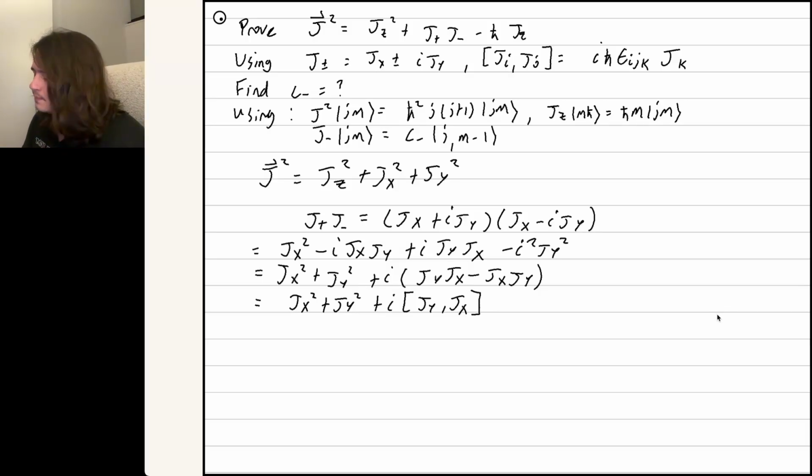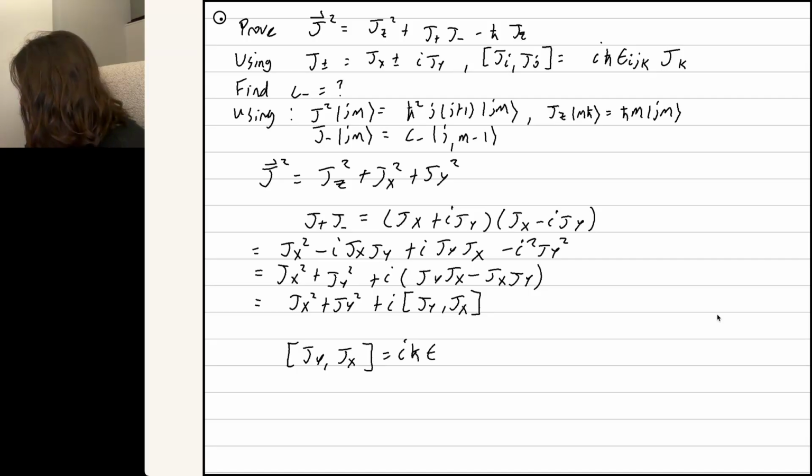All right. So what is that commutator? Using the general formula for commutations of angular momentum, the commutator of jy and jx will be i h bar, Levi-Civita symbol. You're going to have 2, 1, 3, which is not a cyclic permutation of the Levi-Civita symbol, so you'll have a minus sign, jz.